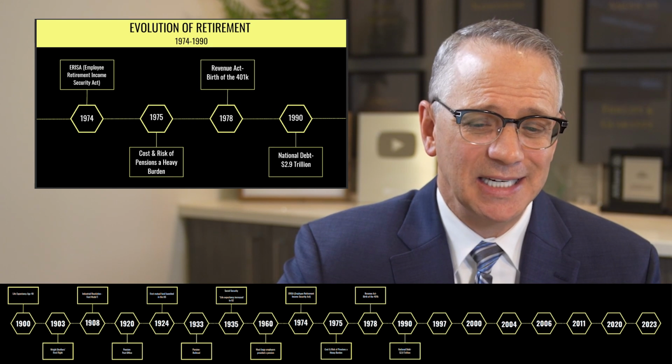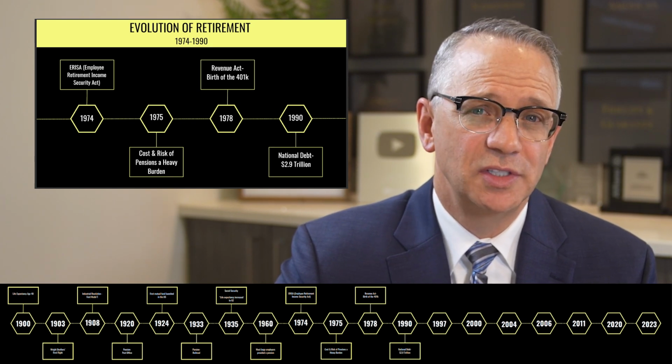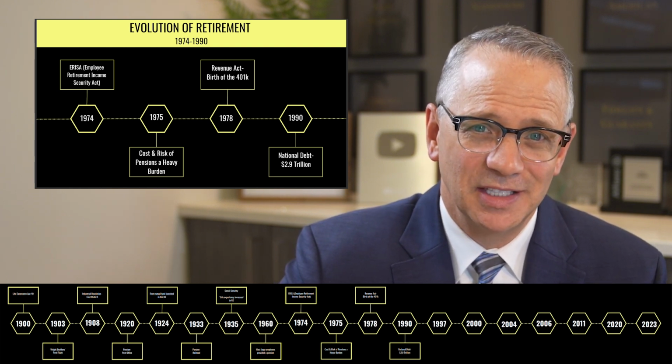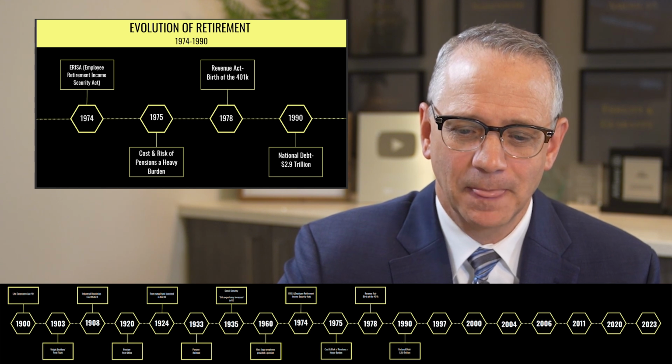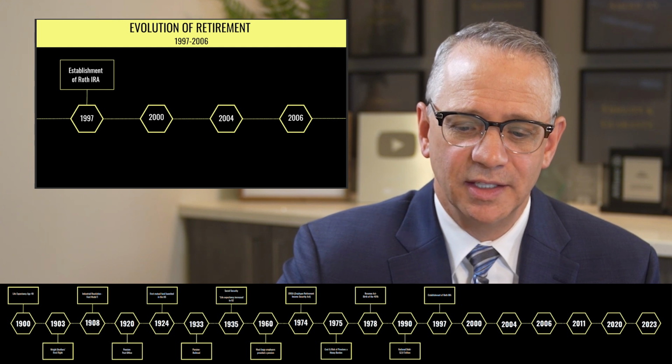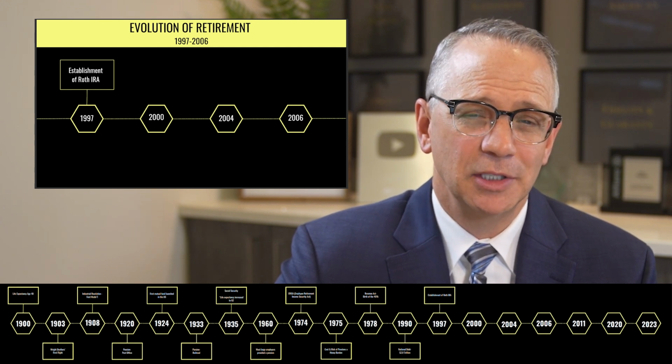By 1990, our national debt was $2.9 trillion. It would be nice if that's what our debt was today, right? But it wasn't this big, massive debt problem like we have today. Let's fast forward to 1997. That was when the Roth IRA was first established.